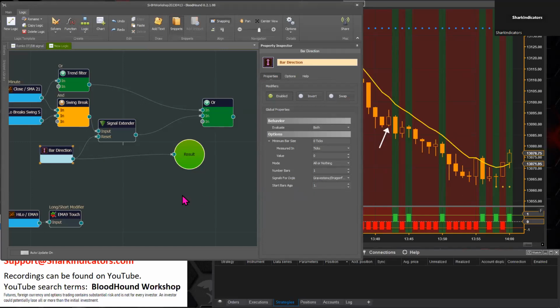But we always like to use the same terminology that NinjaTrader uses as well. We don't want you guys to have to learn a whole new vocabulary just for BloodHound. So we always try and use the same terminology that NinjaTrader has already created within their help guide.